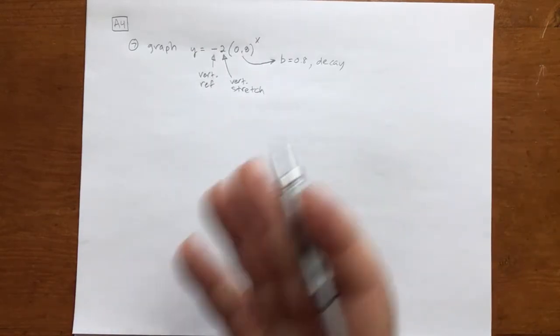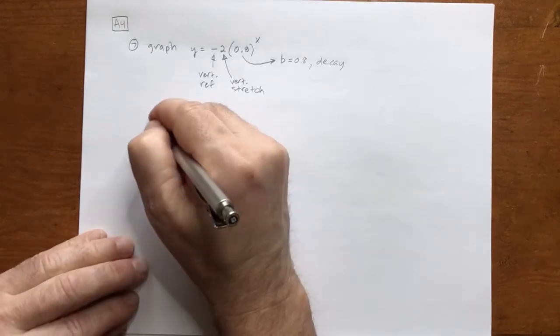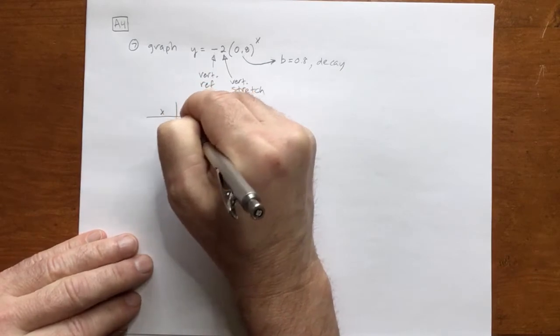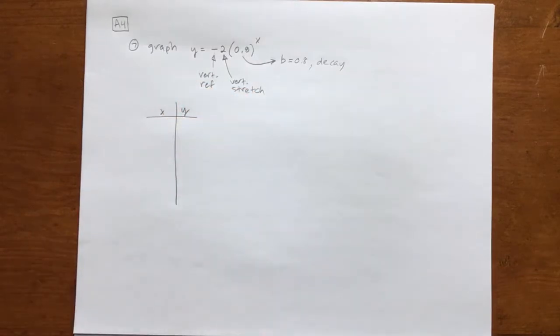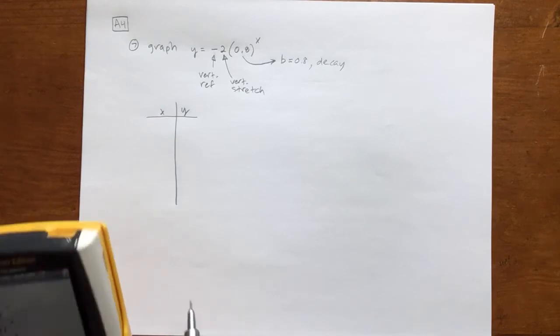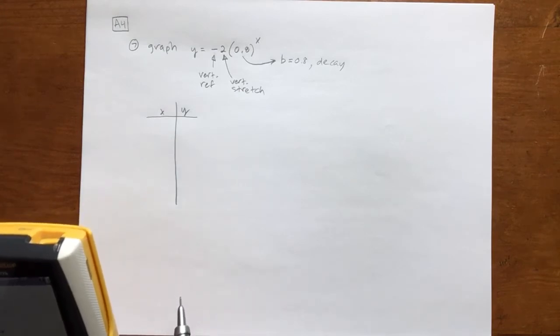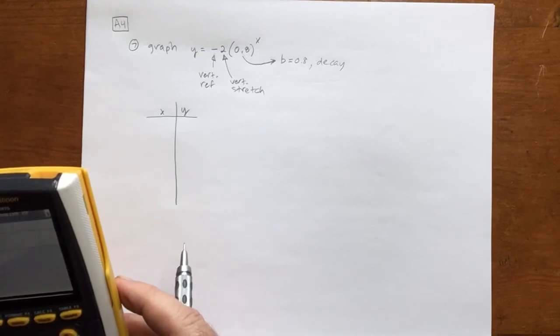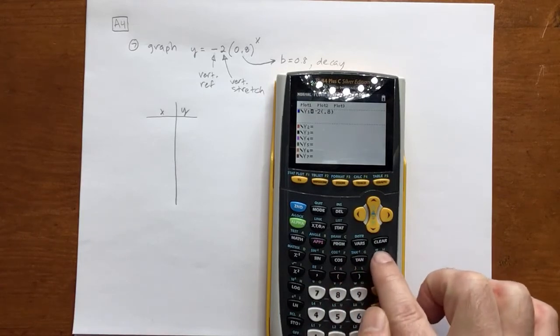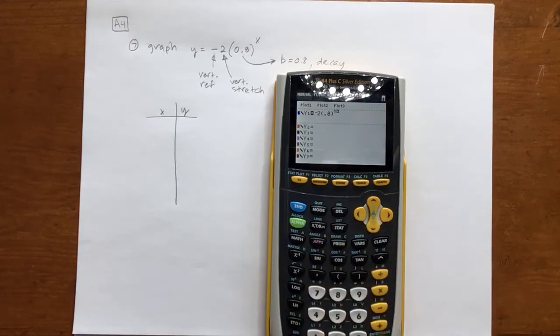But that's okay. What I want you to do on the homework tonight is make a table, and I would love for you to practice making a table on your graphing calculators. So let's go ahead and do that. I want to enter negative 2.8 to the x power.